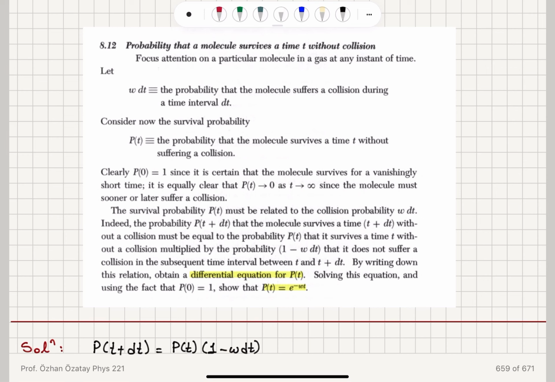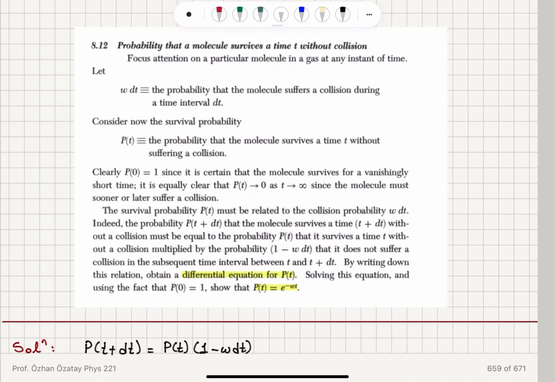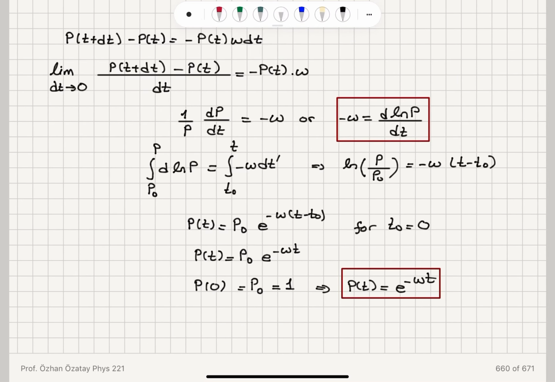So, looking at the limit as dt goes to 0, this gives the derivative of probability P with respect to time as minus P ω. So ω is minus d ln P/dt. That's a differential equation relating probability P and ω dt.